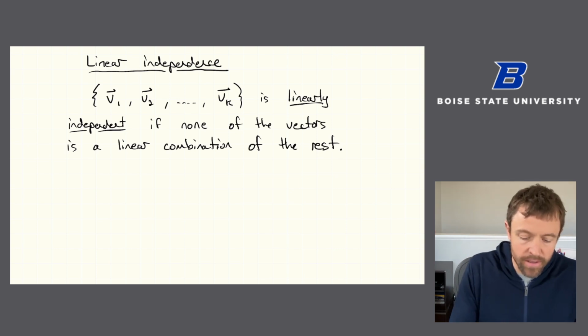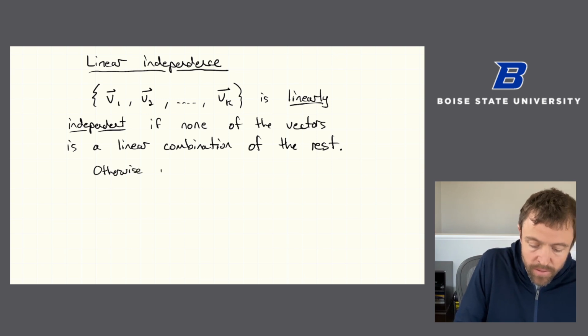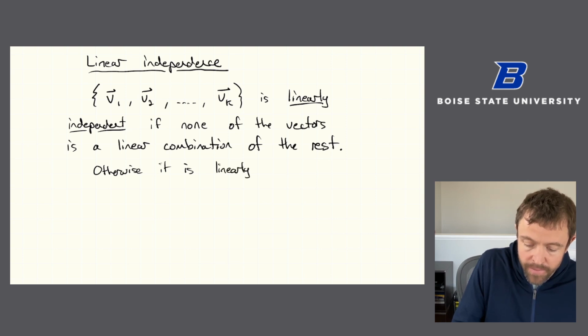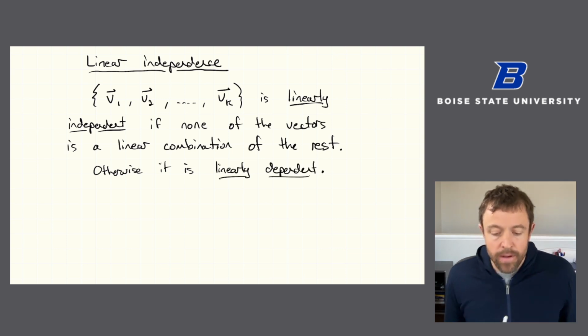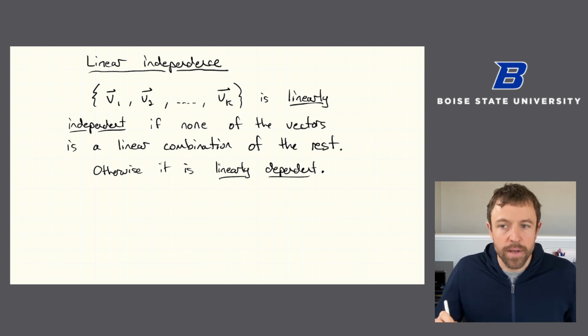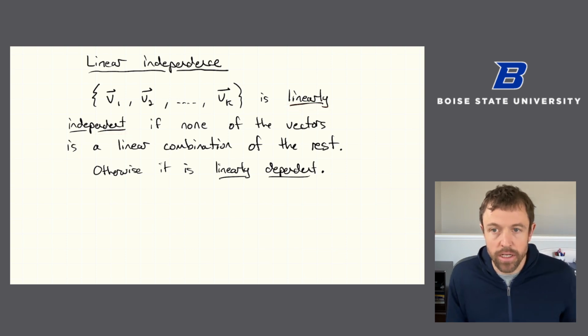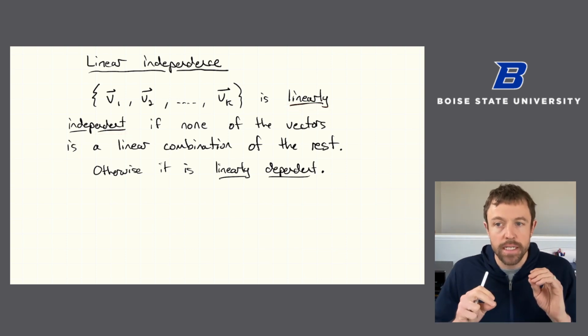And otherwise, we say it's linearly dependent. And it's important to notice, I really like the 3Blue1Brown videos, but I don't think that the explanation of linear independence is particularly good because he misses a really important point.